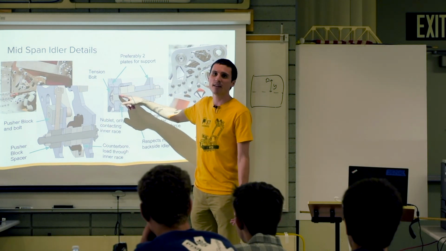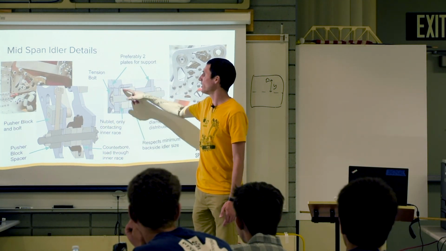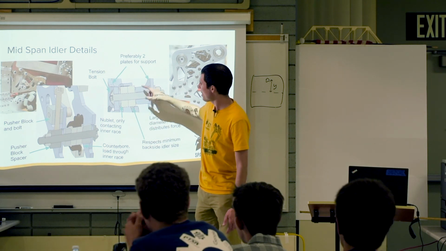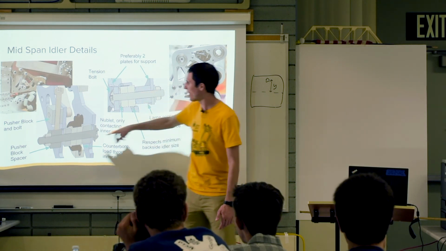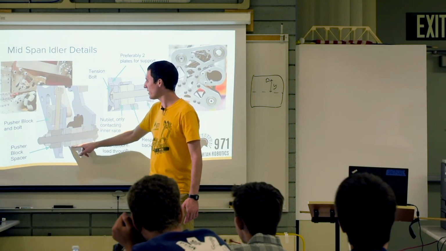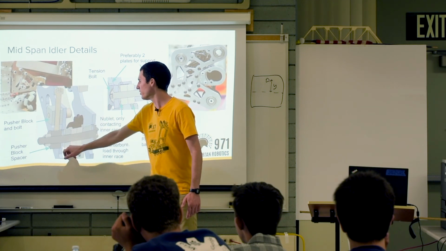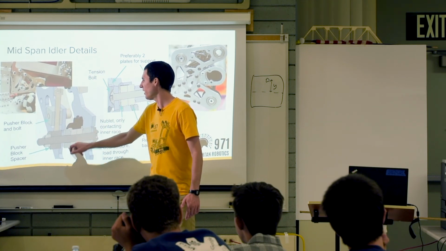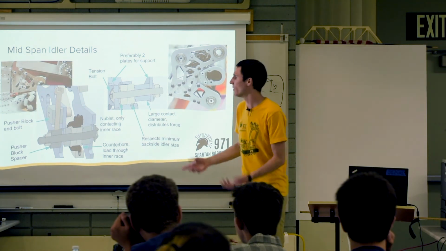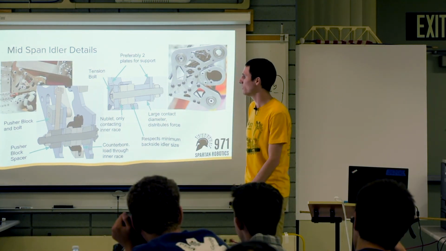We'll just step down the end of the shaft to make sure that it only touches the inner race. If we didn't have that step down, the outer part of this spacer would touch the outside and the inside. So that's one thing you want to pay attention to.